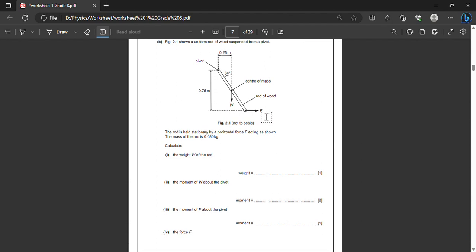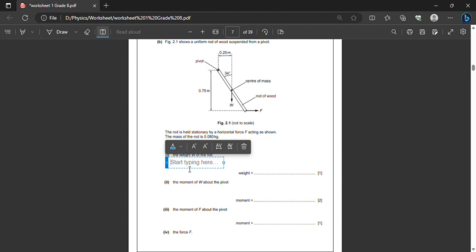So they're asking now we should calculate the W. So first we should study the image. We can write here that the mass of the rod is 0.08 kg. That's not the W, because it's a mass. To calculate the weight, it's the mass times 9.8 on Earth.